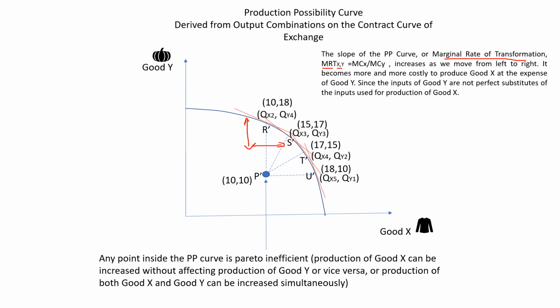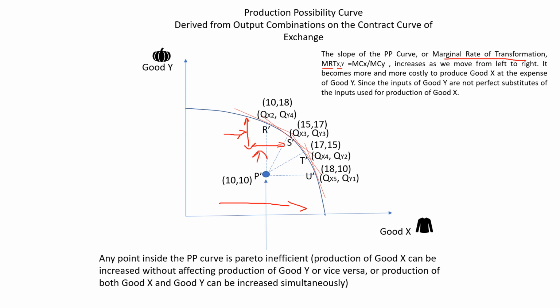And what we find is that the slope of this production possibility curve progressively increases as we move from the left to the right, which is to say that the amount of sacrifice that you need to make of good y progressively increases for each increase in the production of good X.